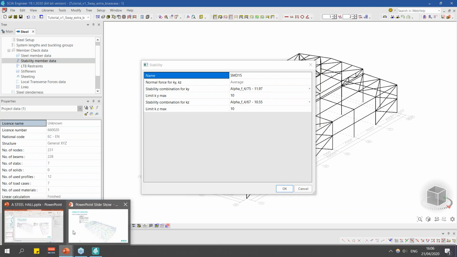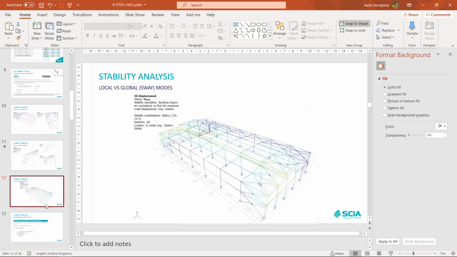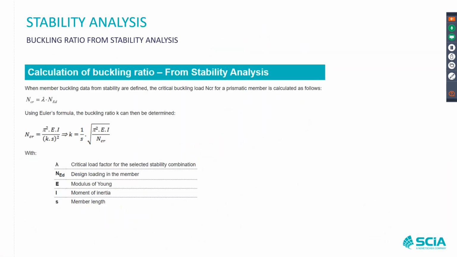And I have it in my presentation. I think, let me see where it is. I think it's this one. Oh no, it is this one. So it's a quite straightforward calculation. For a certain buckling mode in which we know certain members are buckling, use that critical factor and the internal force in that member to calculate the buckling factor.